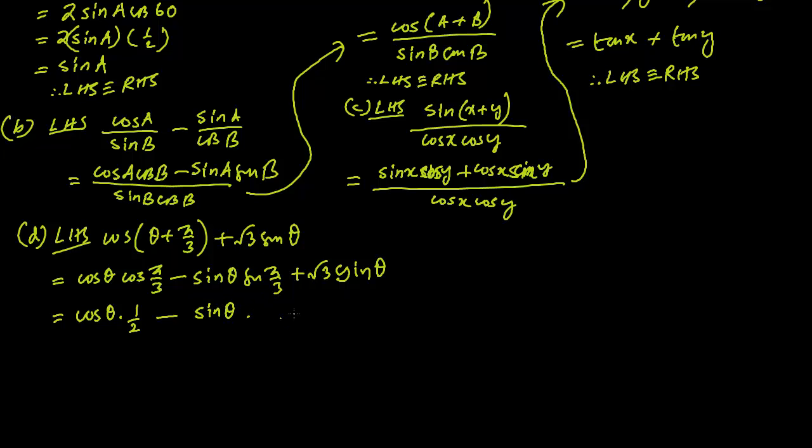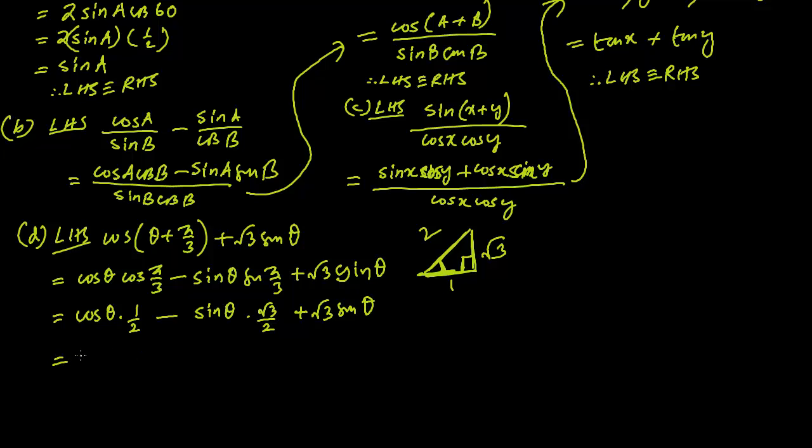Sine 60 degrees is opposite by adjacent from that right angle triangle. Remember the right angle triangle is like this: this is square root of 3, this is 1, this is 2, and this is 60 degrees. So sine 60 degrees is square root of 3 by 2. So this would be square root of 3 by 2. And this is plus square root of 3 sine theta.